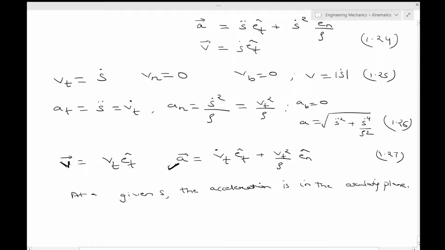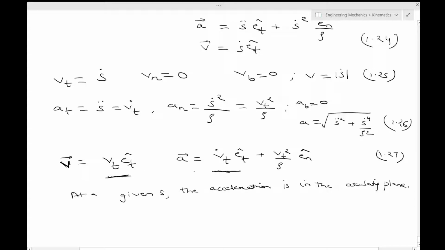Some of the claims which can be further made about this result is that the tangential and normal components of the acceleration arise due to changes in the magnitude and direction of v. So the tangential component of acceleration is this. It arises due to a change in the magnitude and direction of v over here.